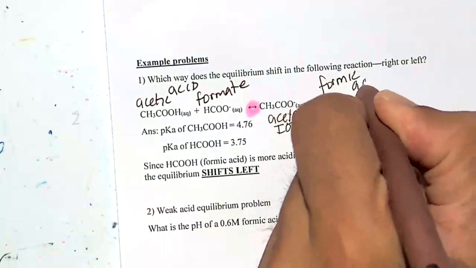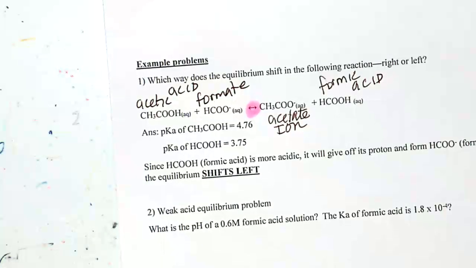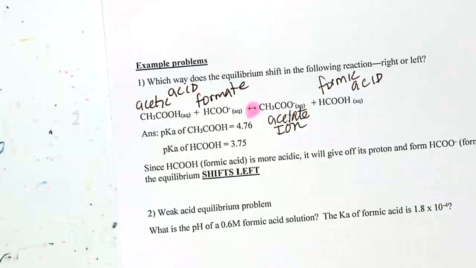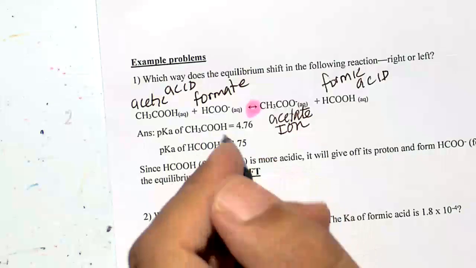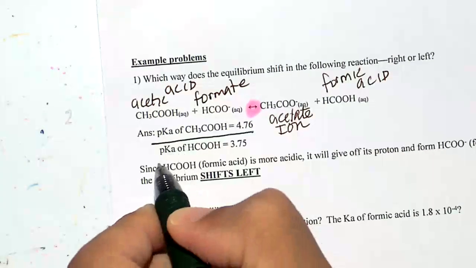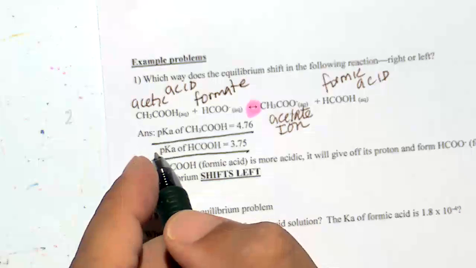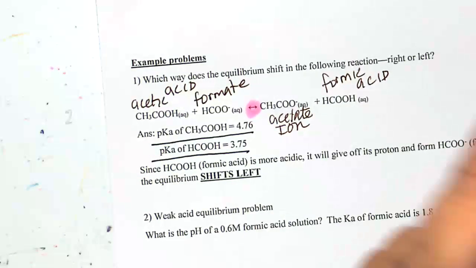This is called formic acid. All right, so the pKa of acetic acid is 4.76. The pKa of formic acid is 3.75.